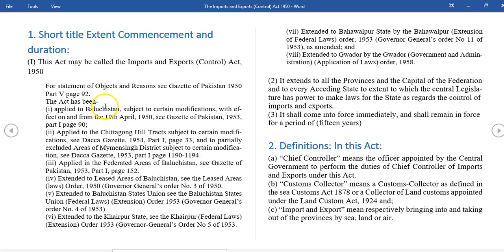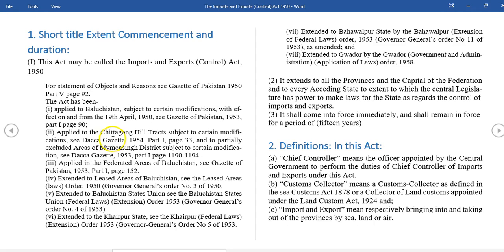Why? Because at that time in the 1950s these areas were princely states, that means they had their own king. Since it is a king-ruled area, the rules and regulations of the Government of Pakistan were not applicable at that time.